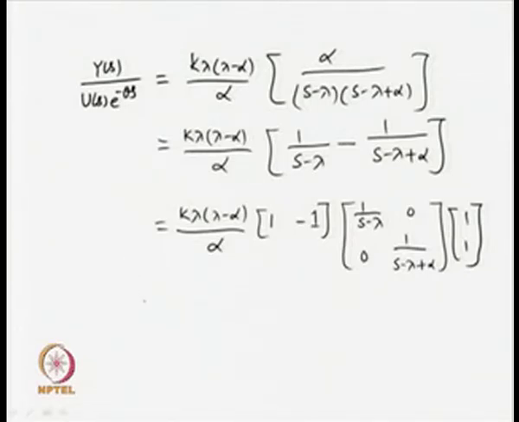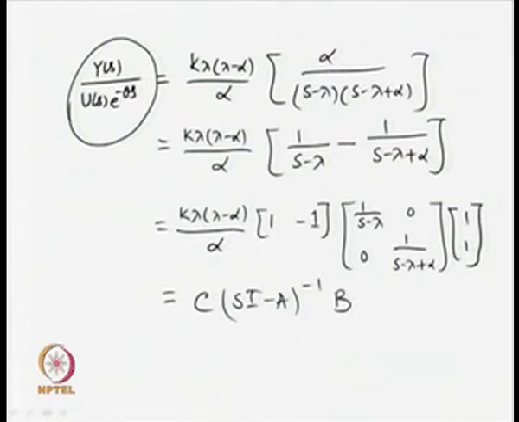If you observe this minutely, I am trying to get the same transfer function model using the equation C (sI minus A) inverse B. We know that for a linear time invariant system, we have the transfer function model to state space conversion and state space model to transfer function model conversion with the help of the standard equation given by C times (sI minus A) inverse B, where C, A and B are the constants of the state equation.